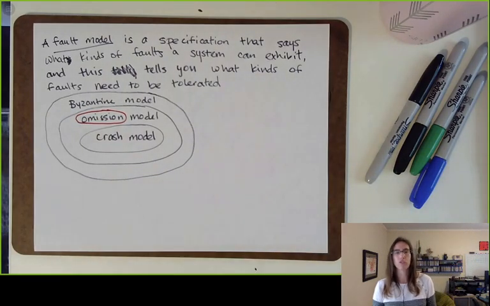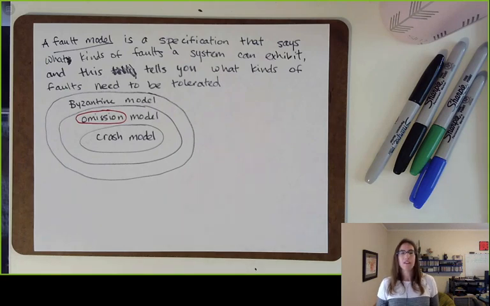I mean, I wish. But that class would take more than a quarter to teach. So we're going to be focusing on the omission model. It's true that not as many bad things can happen as in the Byzantine model, but it's still a model where an awful lot of bad things can happen. And so it's still pretty hard to implement algorithms that assume the omission model because those algorithms have to tolerate a lot of bad things.